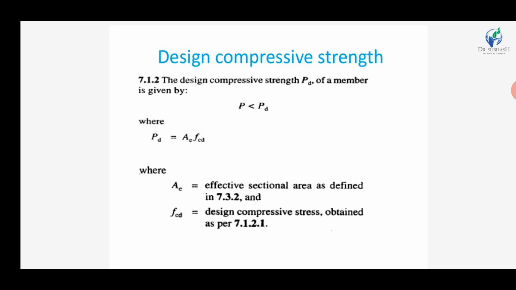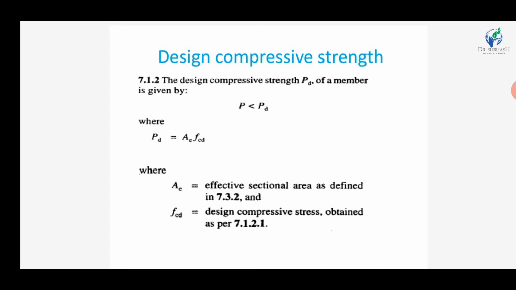So now we start the procedure of design compressive strength. First of all we use clause number 7.1.2 in IS 800, page number 34. In that, the design compressive strength PD is given in the form of design compressive load, so P should be less than PD.